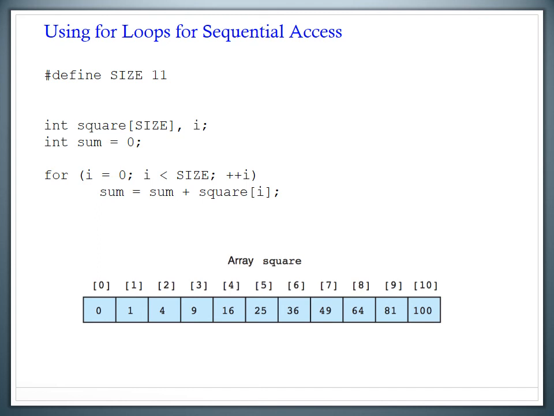So you say for I equals 0. The name of the array is square. So this is square at index 0, square at index 1, square at index 2, etc., up to 10. So this loop is going to go for I equals 0. It's going to start at the first location in the array and go up by 1 every time.